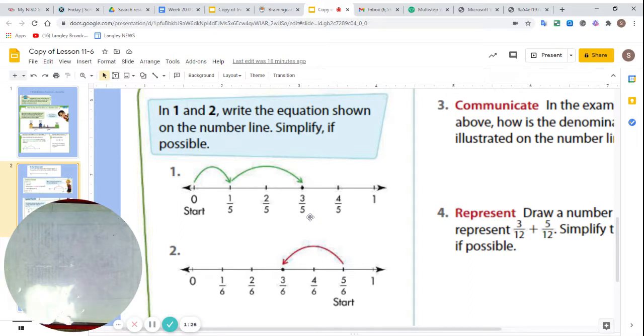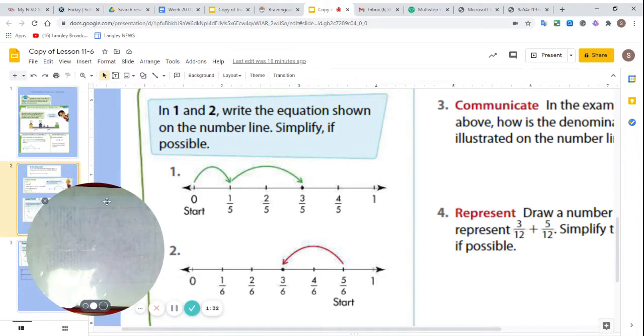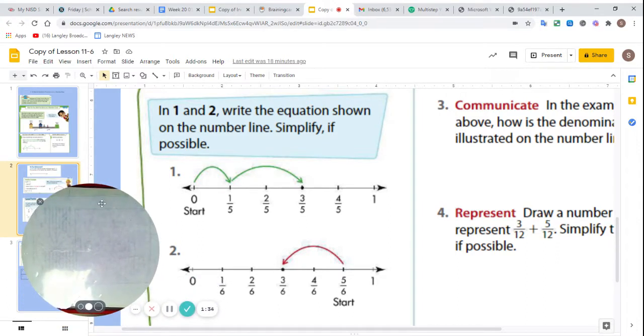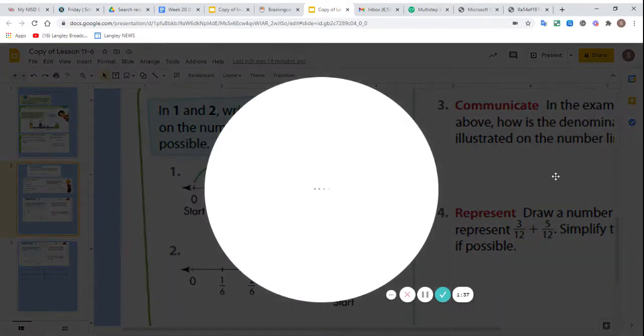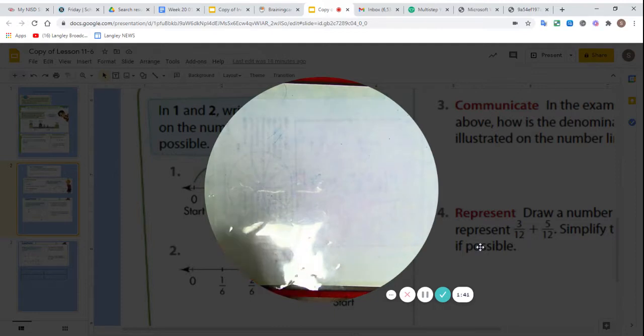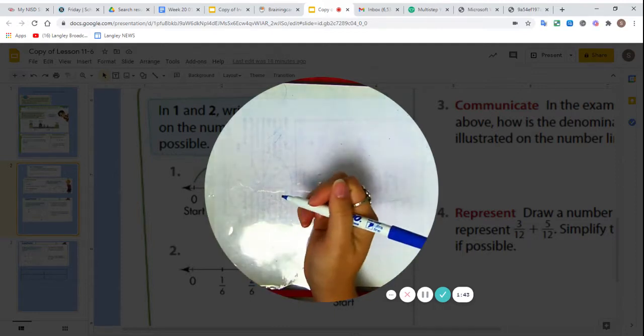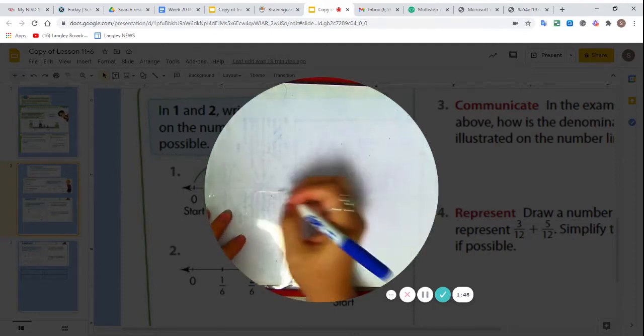So I'm going to change my circle here. It's going to take a little bit of time to load, but I want you to watch the circle. I'm going to redraw this number line because I didn't have drawing tools for the computer, and it's just easier for me to do it on here.